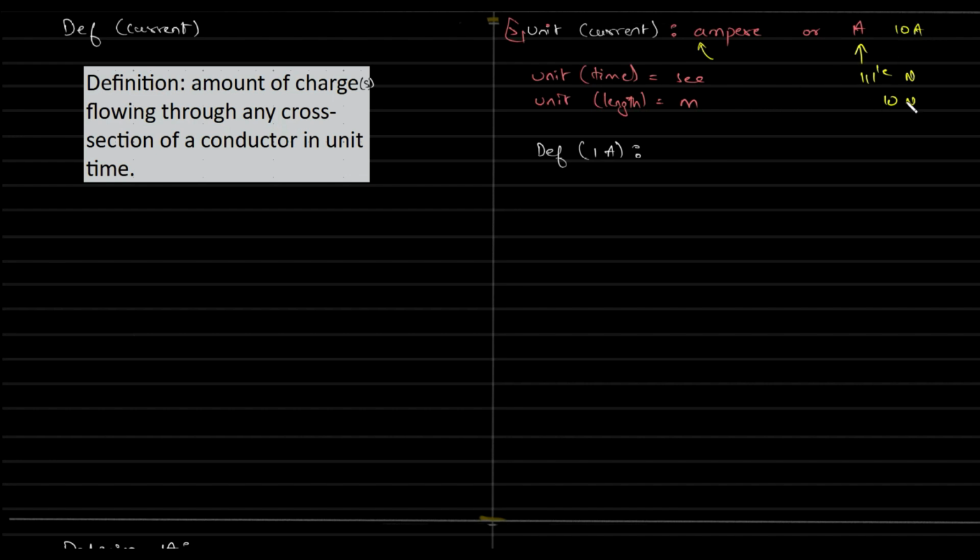The reason we use capital letters and small letters in different units is that whenever you see a single capital letter, it has to do with a person's name. The unit is dedicated to a person for their contribution in that particular field. A scientist named Ampere contributed a lot to the understanding of current.